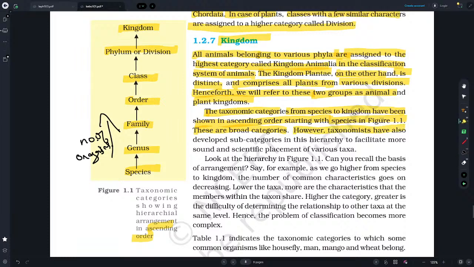However, taxonomists have also developed subcategories in this hierarchy to facilitate more sound and scientific placement of various taxa.